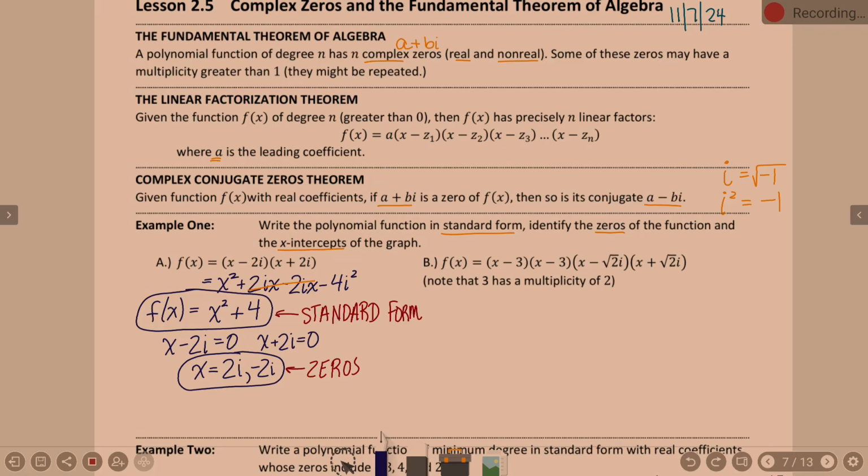Thoughts on x-intercepts? What are x-intercepts usually the same as? Your zeros, yes?